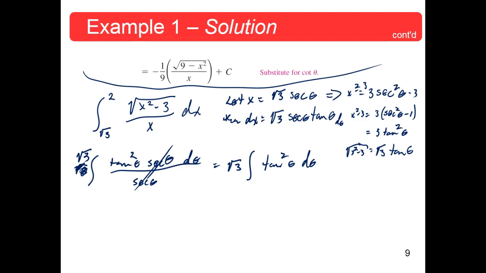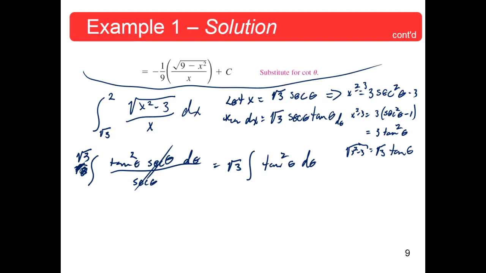Oh, I'm on the wrong page. Yeah. Okay. Now, what we haven't done here is put our limits in. And since we changed from x's to theta, this is when x equals this and x equals that.